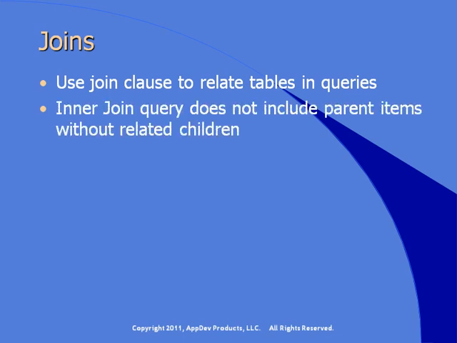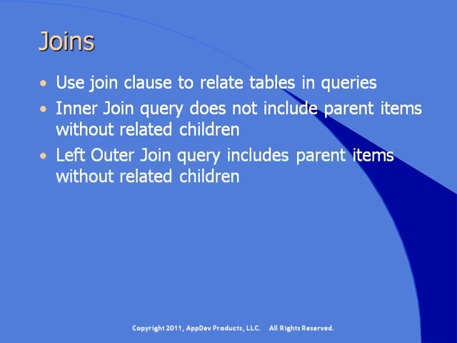There are two types of joins. An inner join query will not include parent items without related children. So if I wanted to see orders by product, then if I used an inner join, I would not see products that had no orders placed. If I do a left outer join, then I see all of the parent items whether or not they have related children.